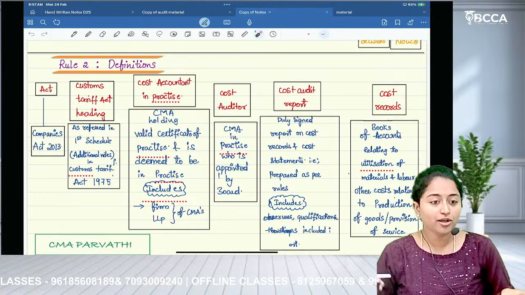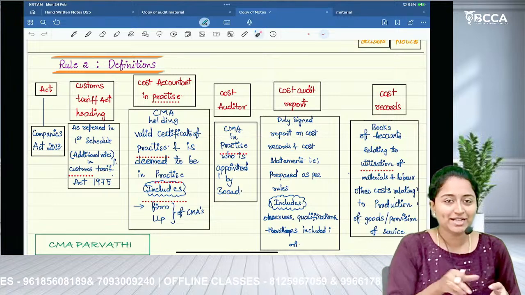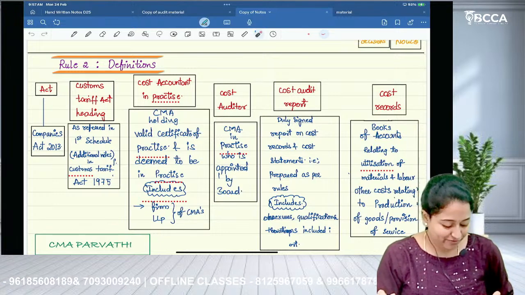Okay. Do you all have net in your phones? Take out your phones. Open Customs Tariff Act 1975. Just type it.